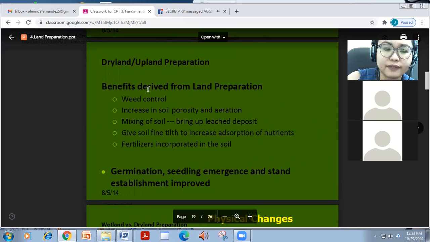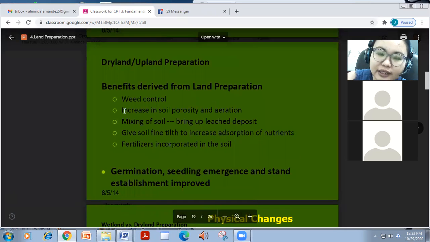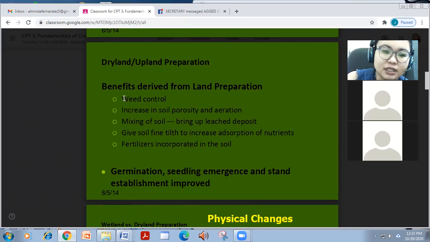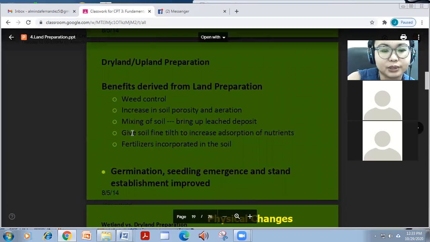So what are the benefits derived from land preparation? As I've mentioned earlier, the aims of land preparation, first of all, weed control. And then, it will increase soil porosity and aeration, its granularity. The mixing of soil will also bring up leached deposits, like leached nutrients or minerals, so they will become available to plants.